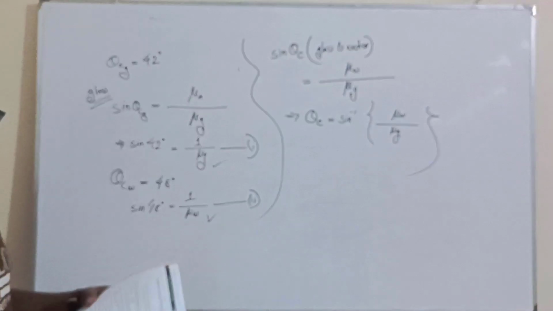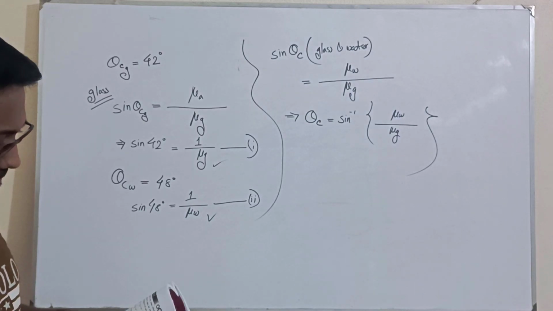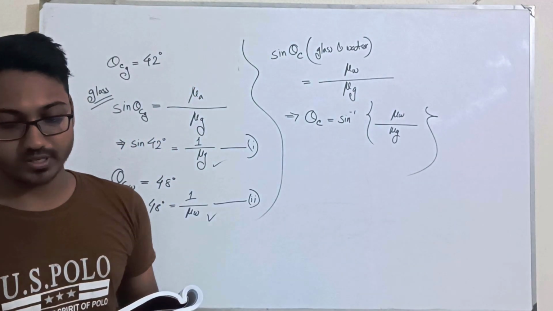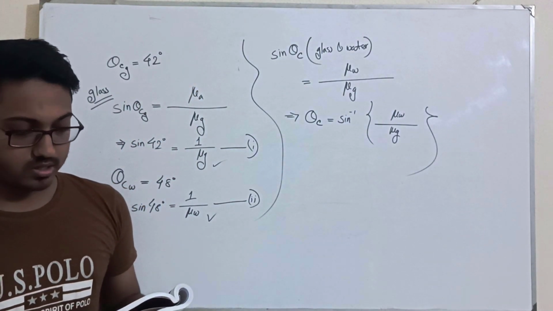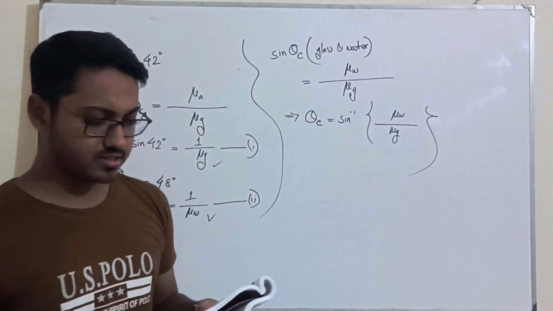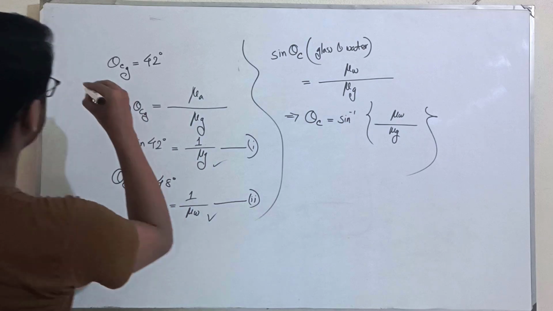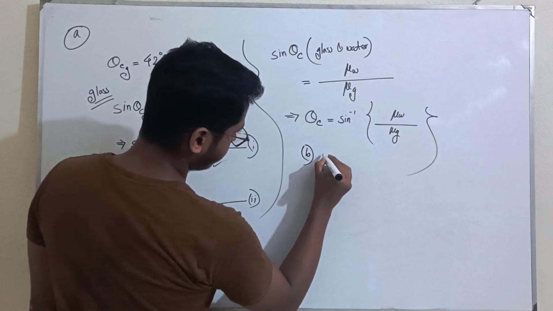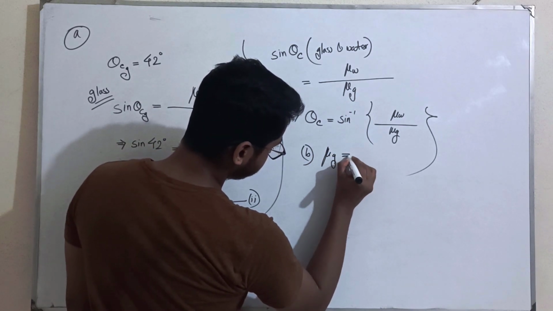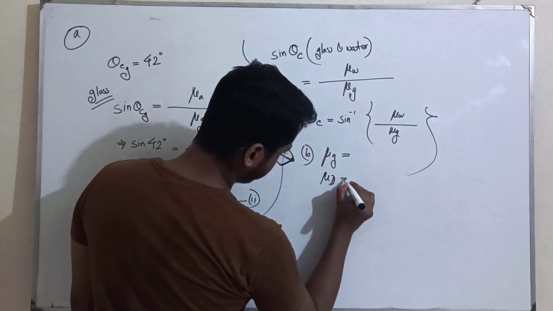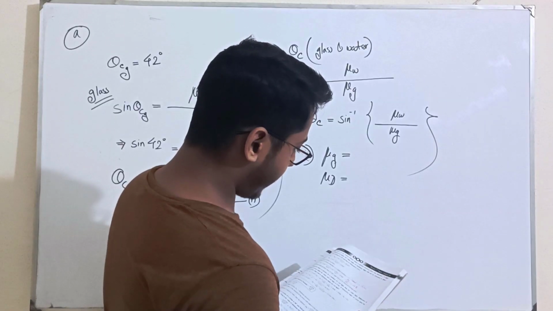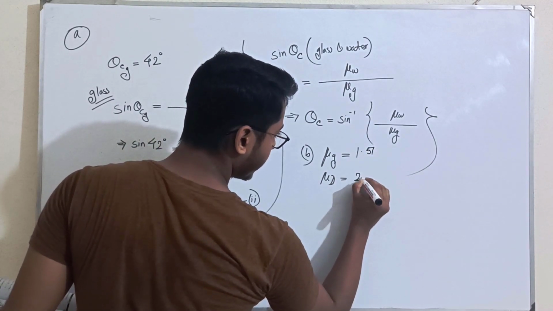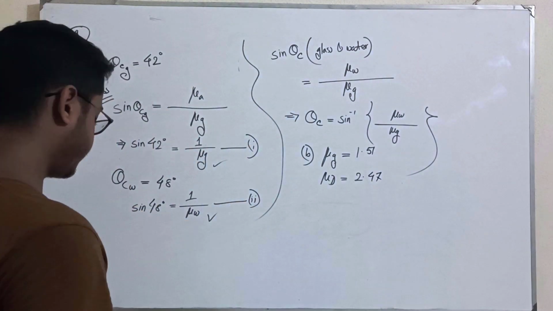The next math: with respect to air, whose critical angle is greater between glass and diamond? They have already given the refractive indices of glass and diamond, which are 1.51 and 2.47.